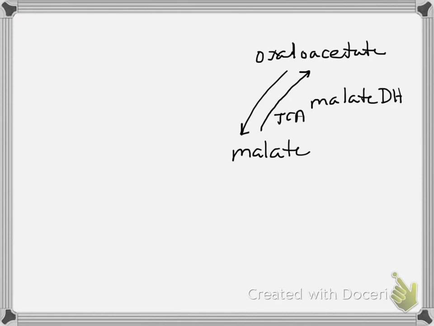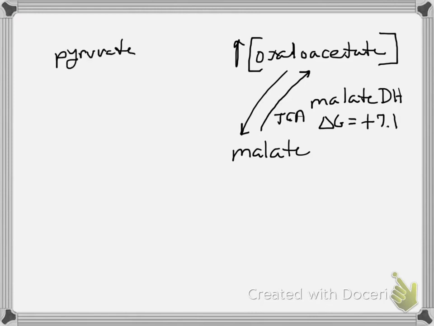But also recall that this enzyme, malate dehydrogenase, has a delta G of positive 7.1 in the direction of malate to oxaloacetate. So, how do we go from oxaloacetate to malate? Well, first of all, the concentration of oxaloacetate is rapidly increasing because of the pyruvate carboxylase reaction to convert pyruvate to oxaloacetate. So this is increasing our substrate of this reaction.